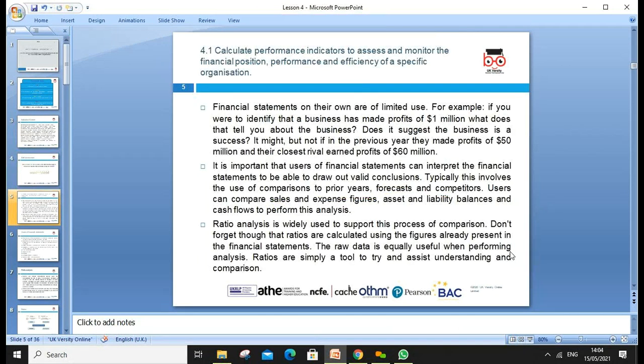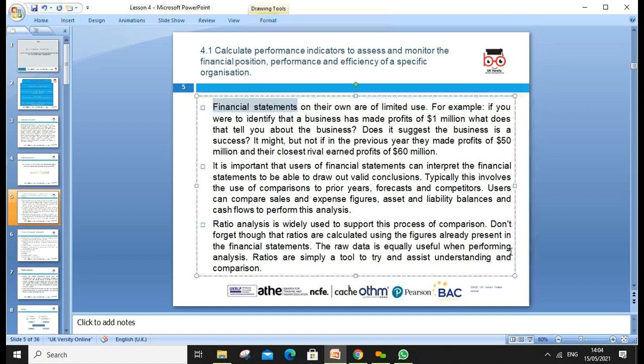Okay, next we have 4.1, calculate the performance indicators, assess and monitor financial position, performance, efficiency, strategic organization. So financial statements on their own are of limited use. We know the financial statements: profit and loss, balance sheet, statement of cash flow, and statement of changes in equity.